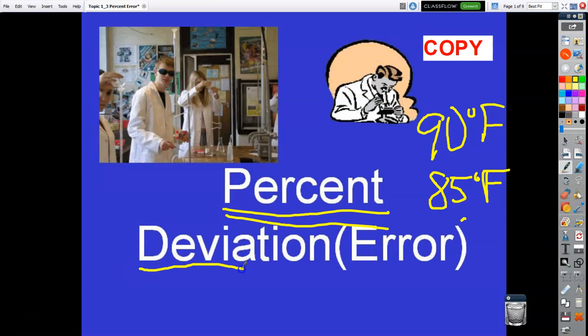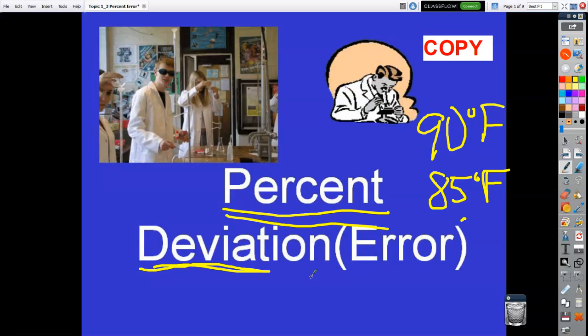The word deviate means to be off. Let's say you have a boxer going into a fight in the ring, and the other boxer punches them in the nose and breaks their nose. That boxer ends up going to the hospital and gets an x-ray.